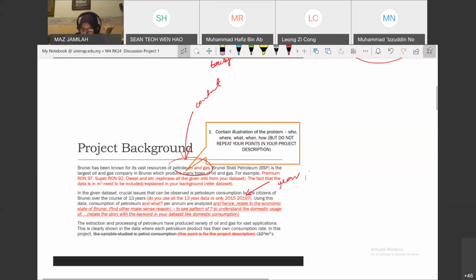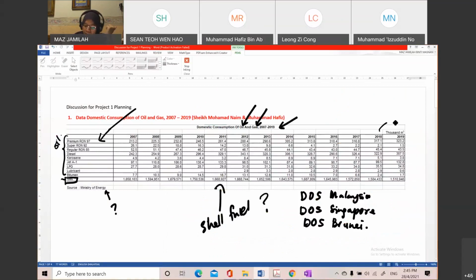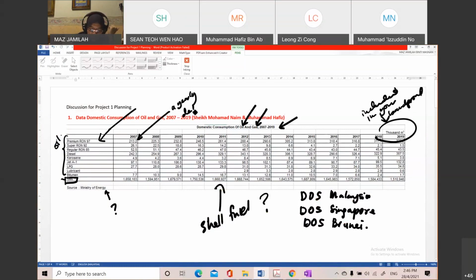What else should you look into is that if your data is described in 1000 meter cube, please make sure this is included in your background. Because this data itself to represent a yearly data is impossible.